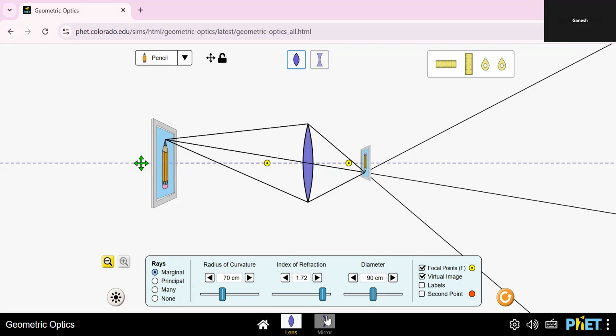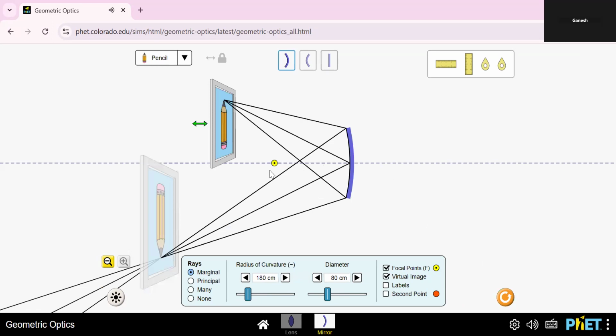I'm going to choose the mirror. So this is the plane mirror. It is not concave or convex. This is normal. How is the image formed in this area? How are images formed in a plane mirror?